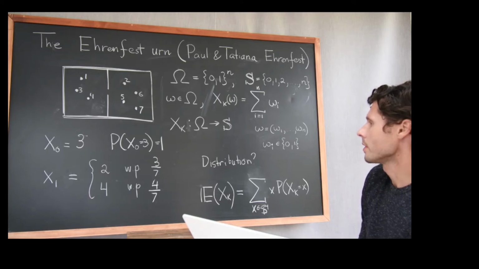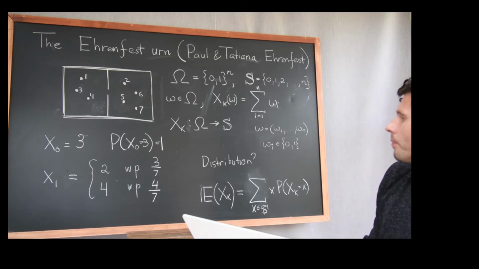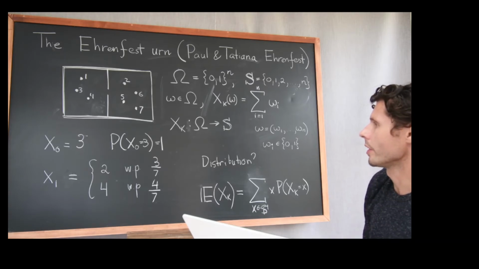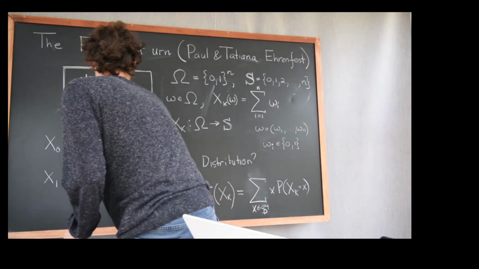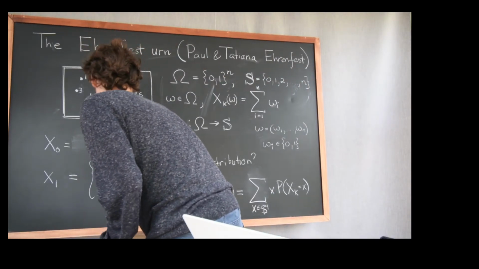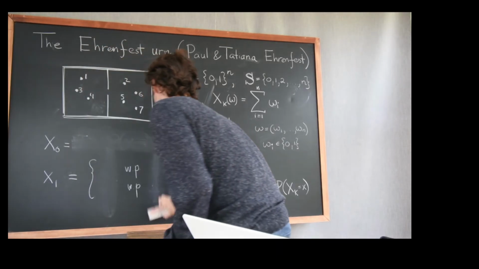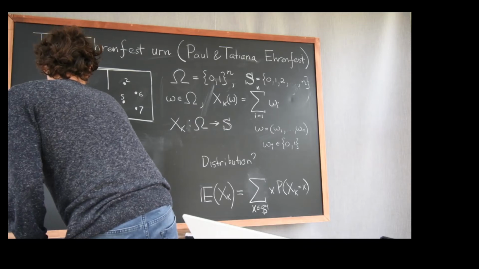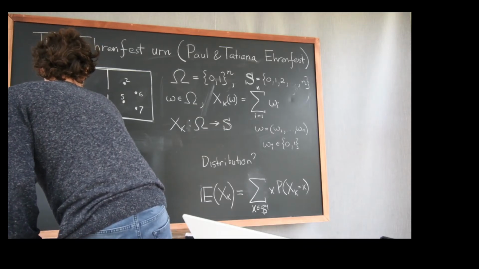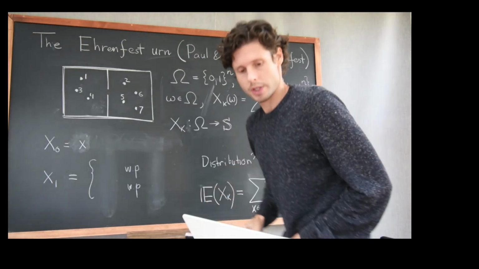So this looks encouraging. Let's write it for the general setup. Let's say we're starting with some number of particles x. I'm going to use little x as my starting state.